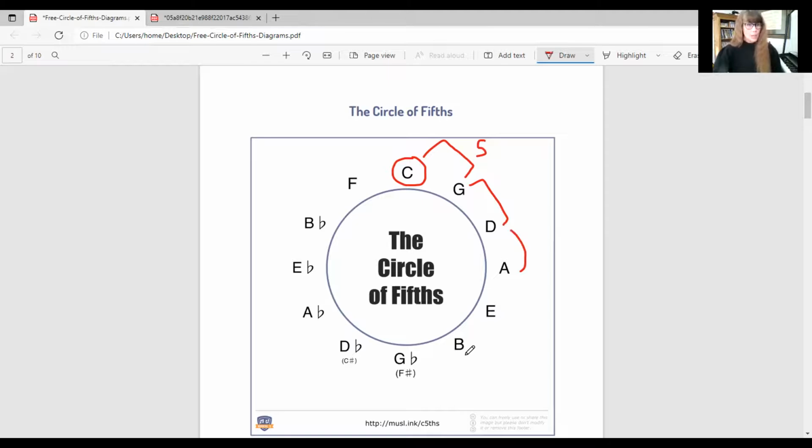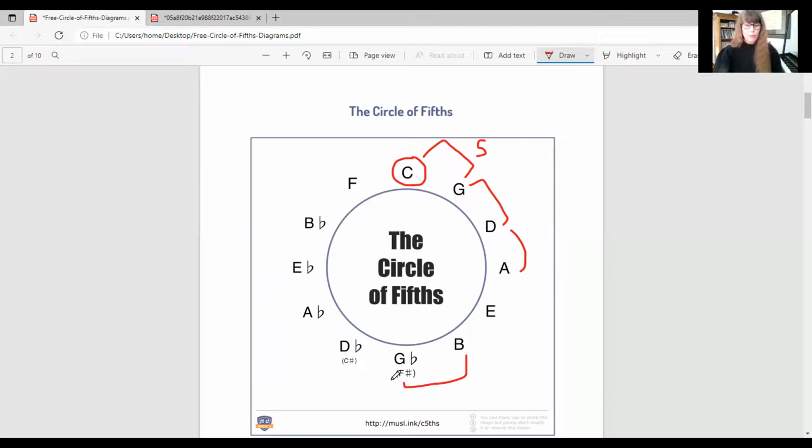Once it gets to the B, then from here to here is also a fifth, but we're getting into sharps and flats. Now this is where you see it has a double name. There's an F sharp and there's a G flat, and we call F sharp, G flat the enharmonic note, meaning it's the same note on the keyboard, but it has another name. It can be called 2 different names.